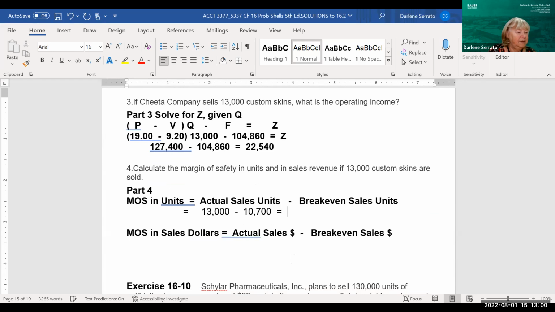So margin of safety in units is 2,300. And in dollars, 13,000 times $19 minus, do we calculate it?